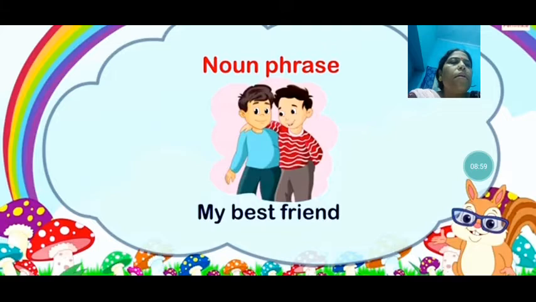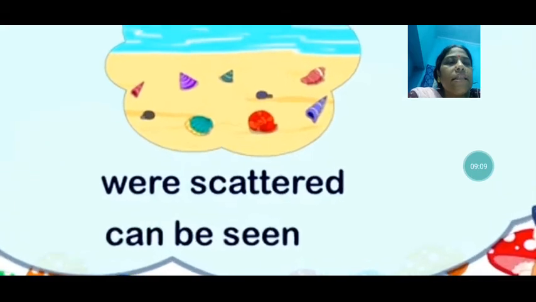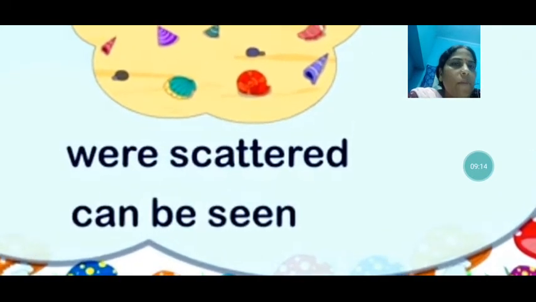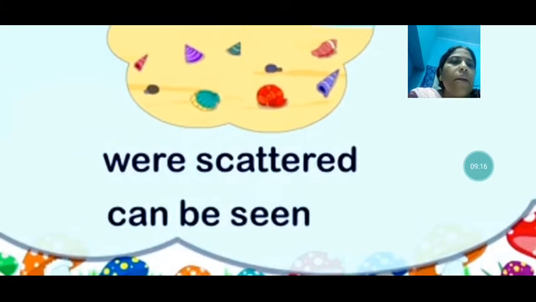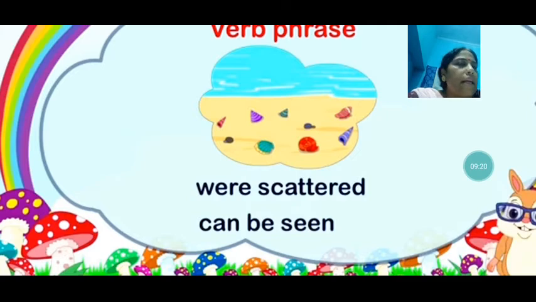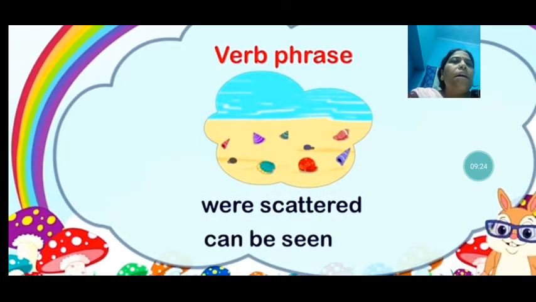Here, friend is a noun. Now, were scattered and can be seen. Scattered is a main verb, and seen is a main verb, and you have helping verbs also, were and can be. So these are verb phrases, as you have seen.